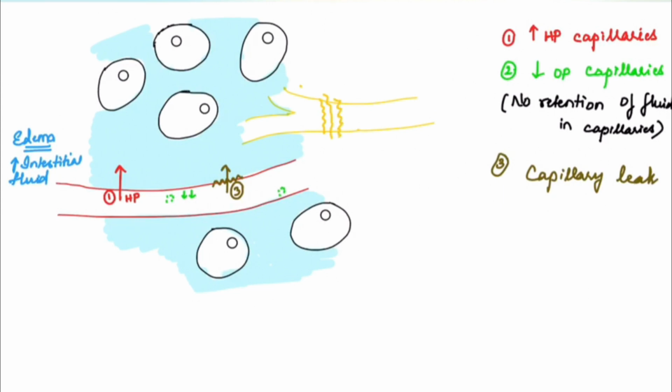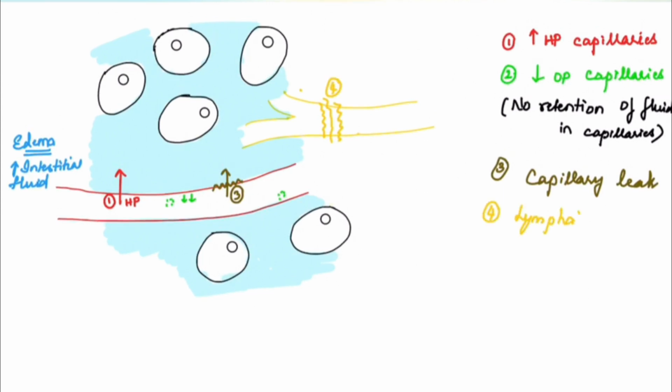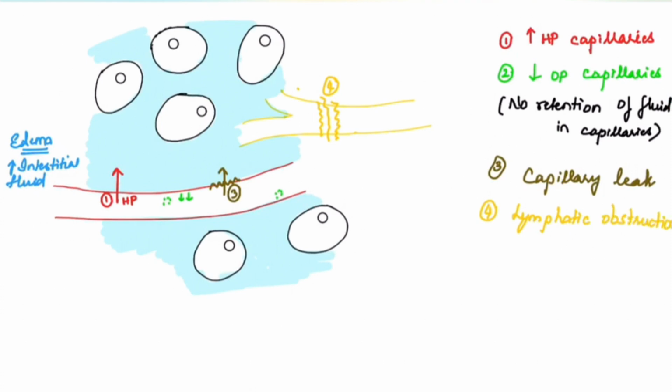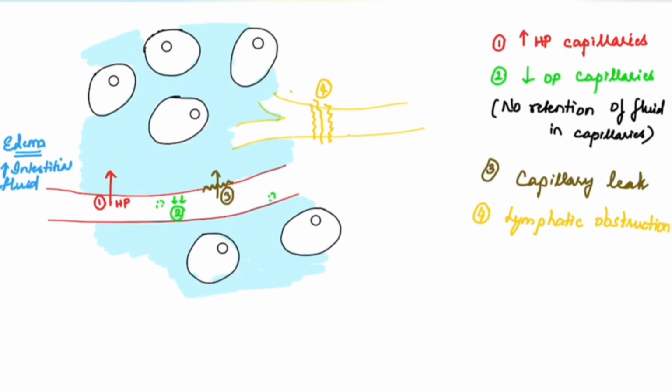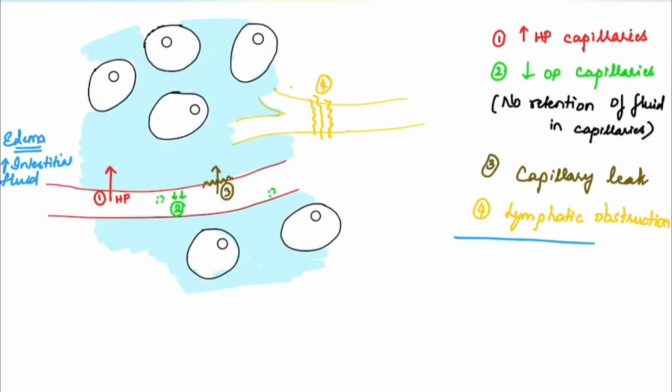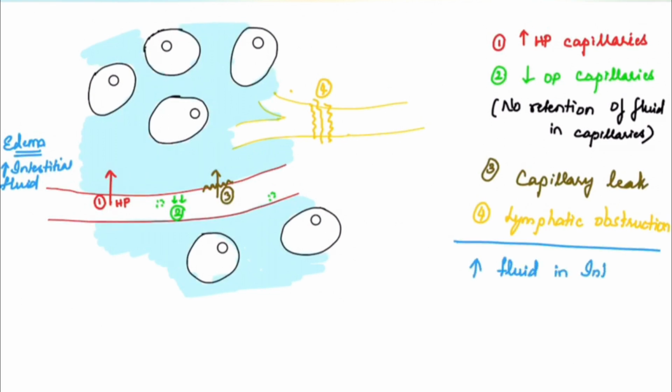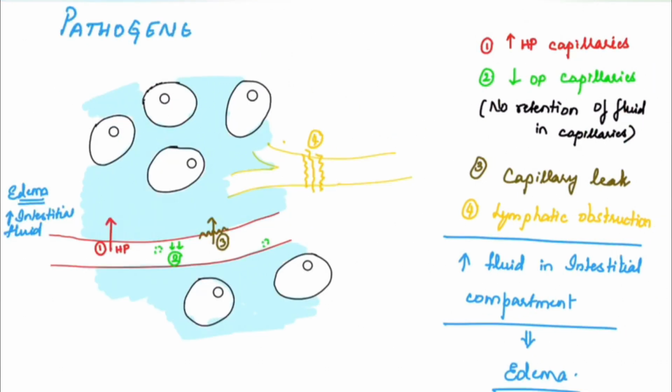Fourth is when there is lymphatic obstruction, because lymphatics actually drain the interstitial fluid. So when there is obstruction in the drainage, there is increased amount of interstitial fluid compartment. So these four factors will increase the fluid in the interstitial compartment, leading to edema. So these are the factors contributing to the pathogenesis of edema.